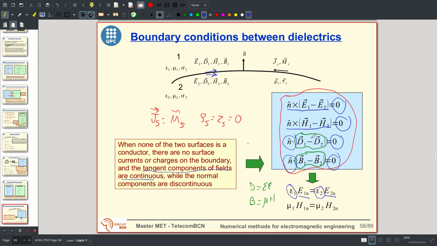The normal component of the displacement vector is continuous, but the normal component of the electric field is discontinuous, okay?